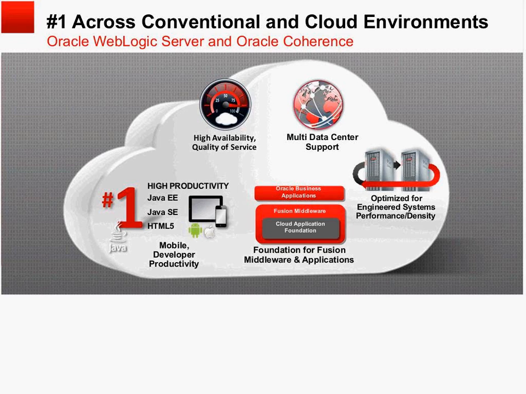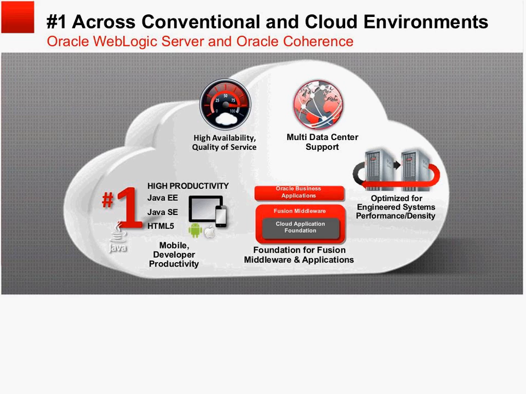And as you move into large global cloud infrastructures, the ability to do active multi-data center support becomes critical. These actually are existing and new investment areas for the Cloud Application Foundation.